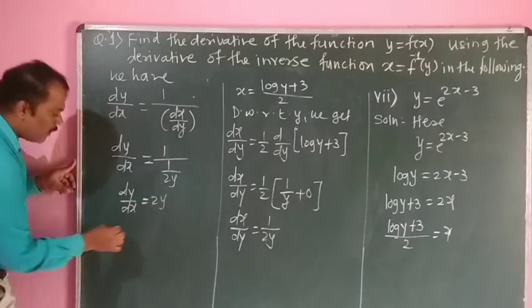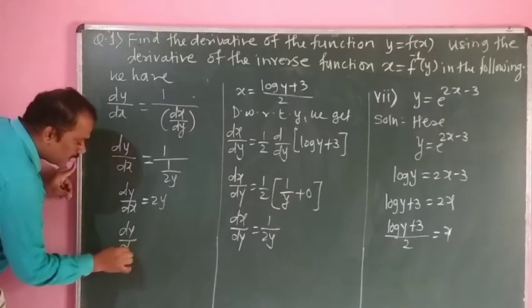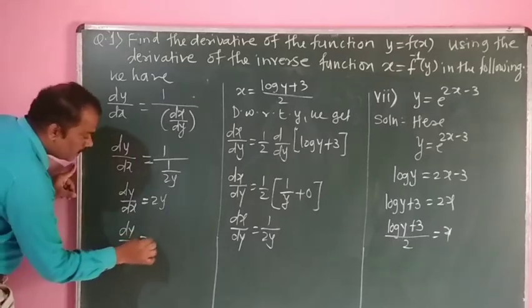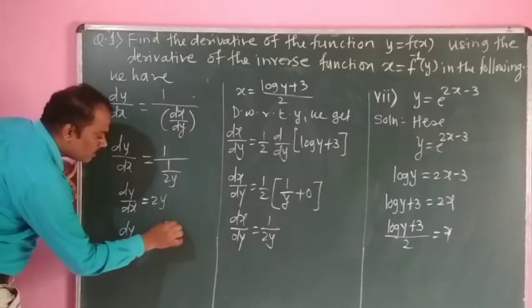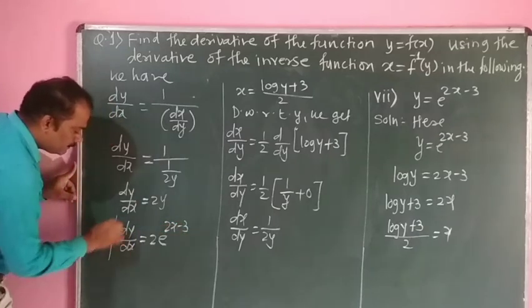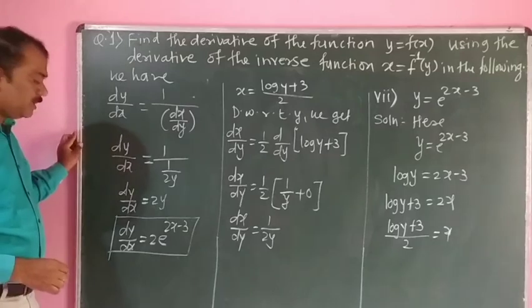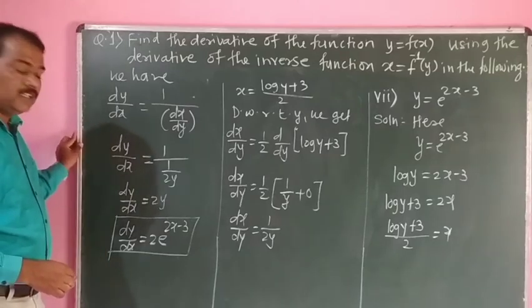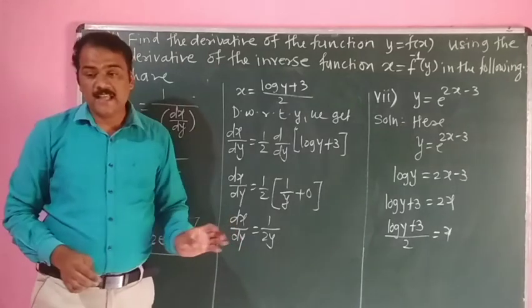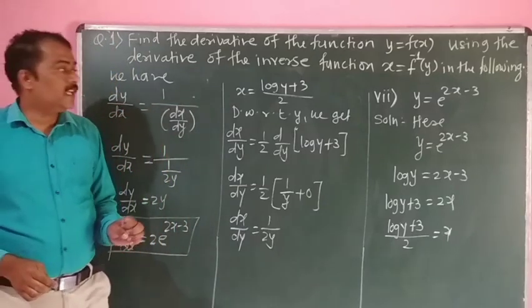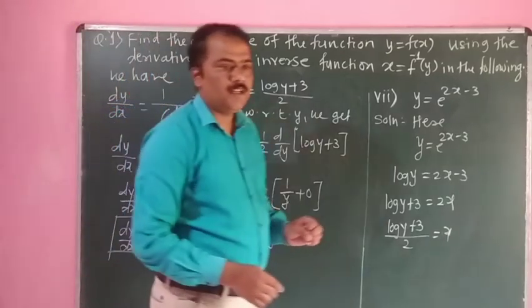Substitute the value of y: dy by dx is equal to 2 times e raised to 2x minus 3, which is the required answer. Now we have to discuss example number 8.